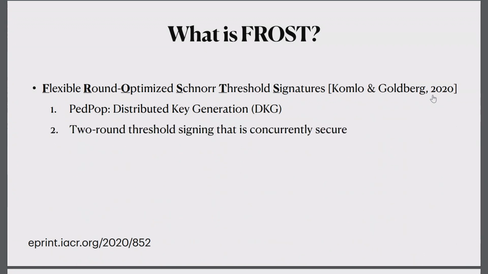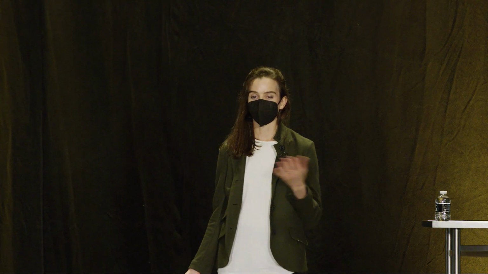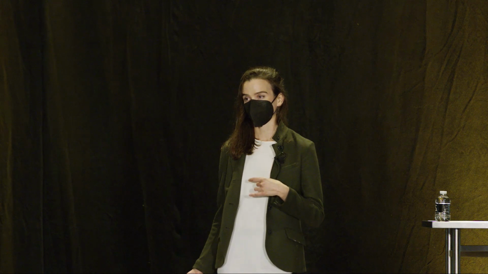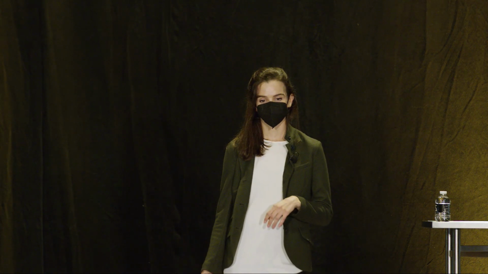And second, Frost introduced a two-round threshold signing protocol that is concurrently secure. And this is what Frost is known for, because it was really the first of its kind. Threshold signatures before Frost were either three-round, or they were insecure when signing sessions were performed concurrently. So this is the first of its kind in the literature.